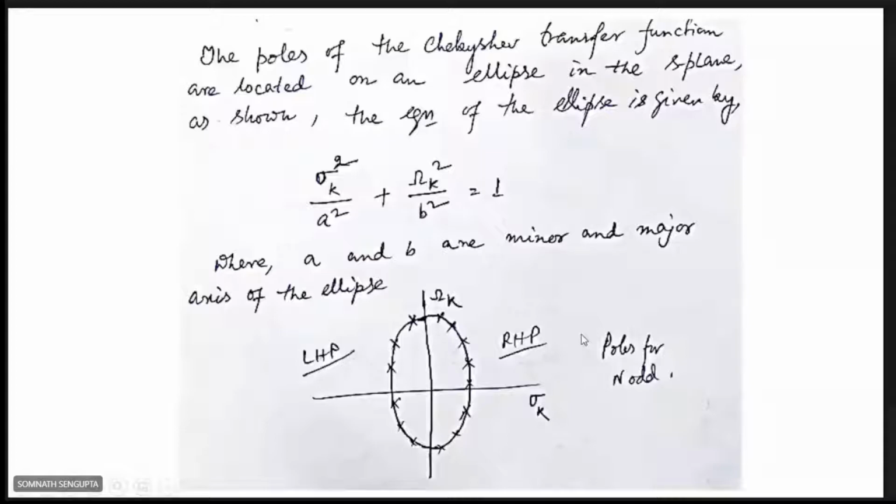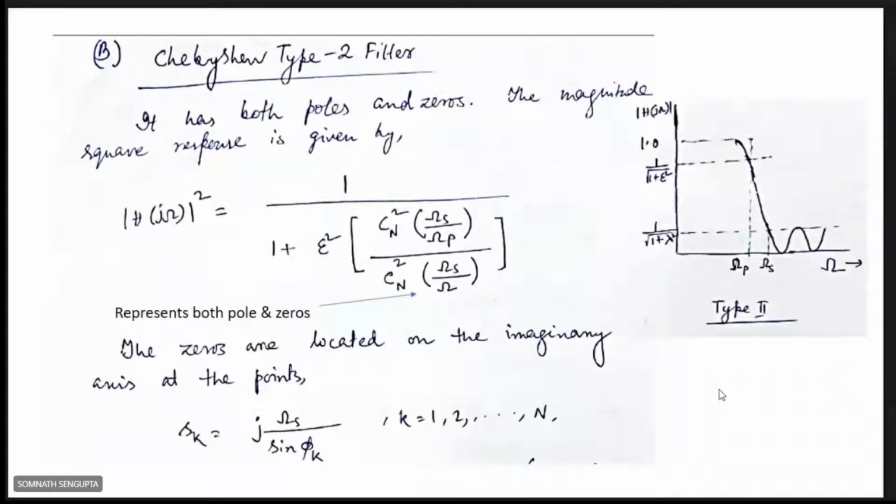Now we go to the Chebyshev type 2 filter. For the Chebyshev type 2 filter, you see at the denominator of the transfer function there are now two polynomials that represent both poles and zeros.